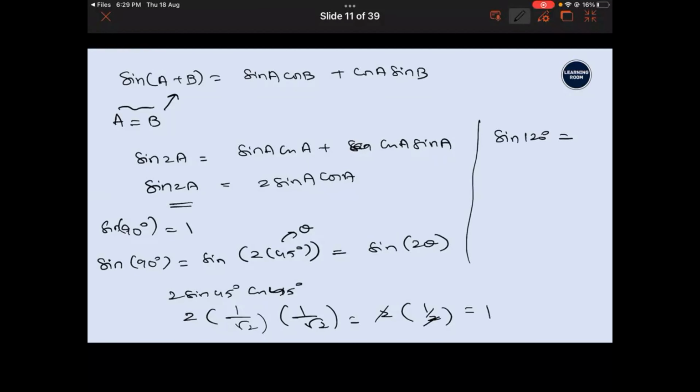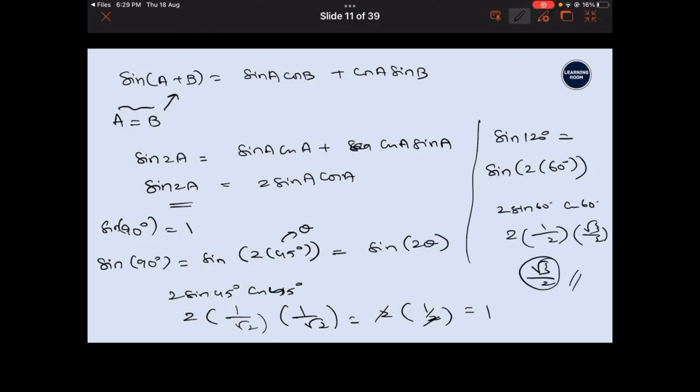How will you solve it? You can write it as sin of 2 times 60 degrees. This will be 2 sin 60 into cos 60. So, 2 into sin 60, which is root 3 by 2, into cos 60, which is half. So, it will be root 3 by 2. I wrote it in reverse, but anyway, the answer is the same, root 3 by 2.